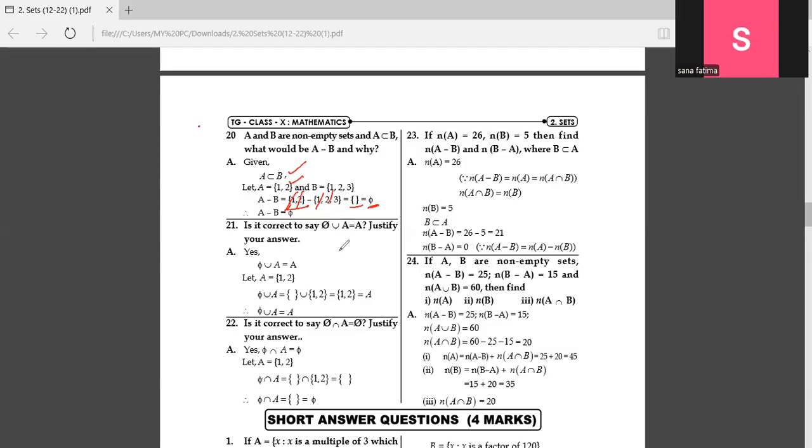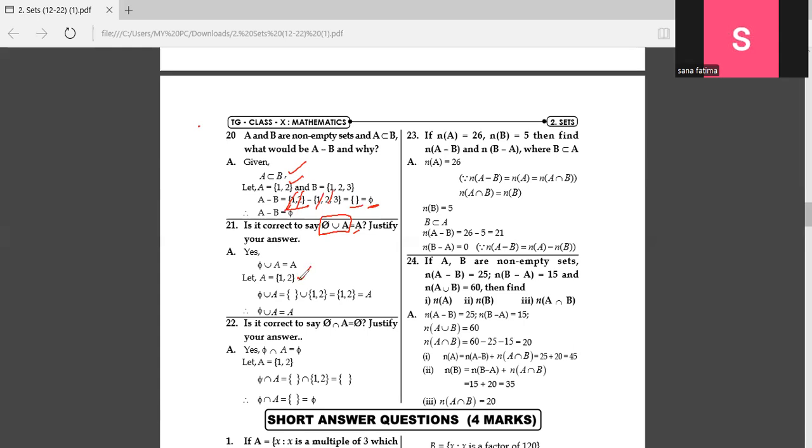Okay. Now, is it the correct way to write that the null set union A is A? Obviously yes, because the union property is that all the elements should be written at a time. When you combine the null set with A, you will write down A's elements only. It will be A. You can imagine any set like 1, 2, 3. Don't take lengthy sets into consideration.